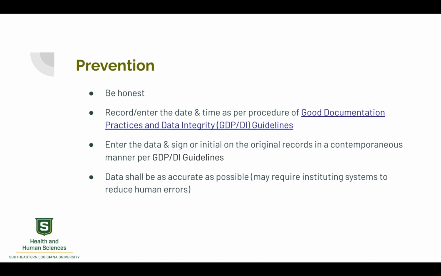And also regularly reviewing and auditing your data to make sure that everything is the way it needs to be. Those are some of the ways you could minimize human error.